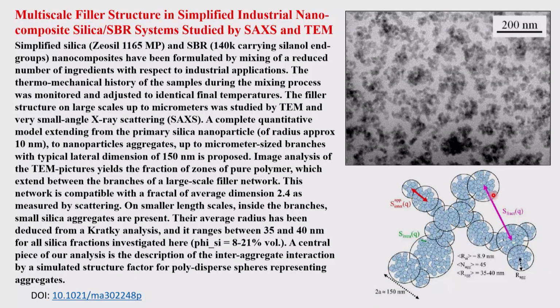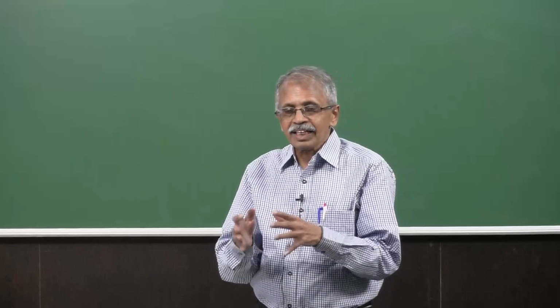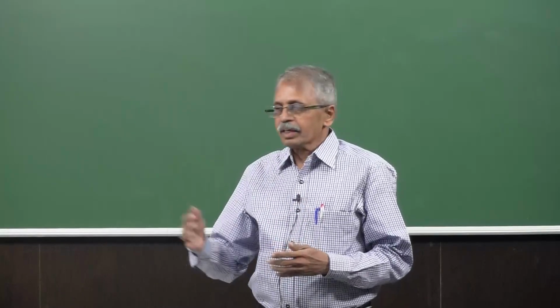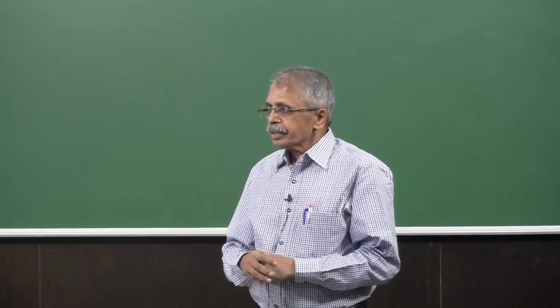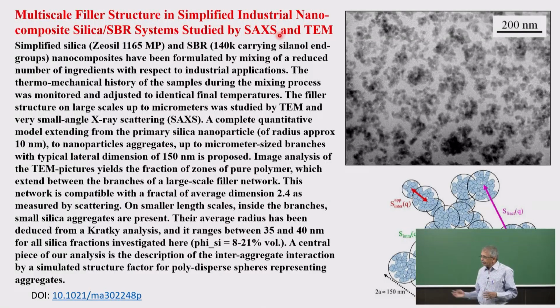Another example, a little bit more complex, that means cluster based structures. You can see these here. This is a multi-scale filler structure. Okay, simplified industrial nanocomposites. Silica SBR is a polymer studied by SAXS, small angle X-ray scattering, which gives you the cluster structures, and of course the TEM.